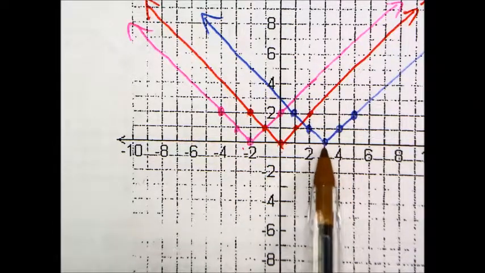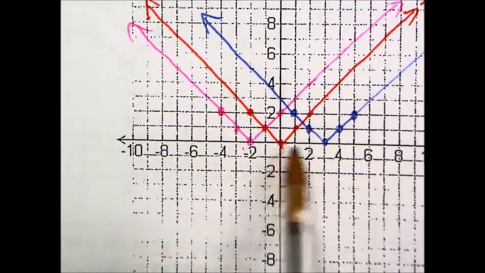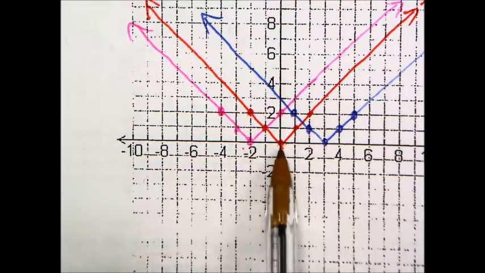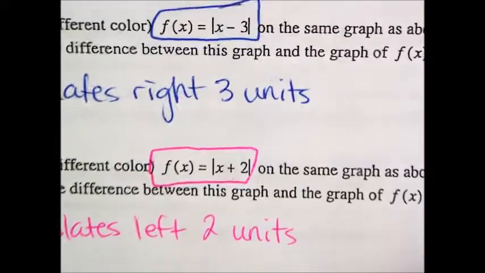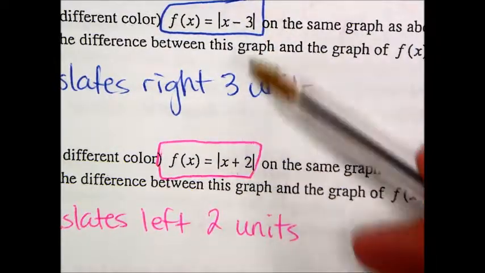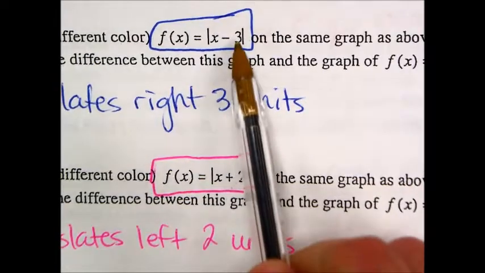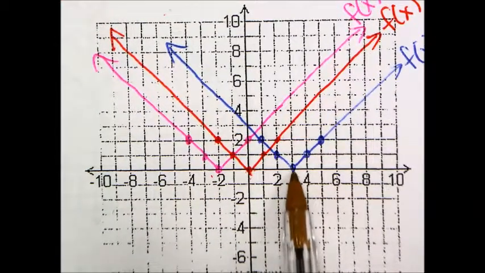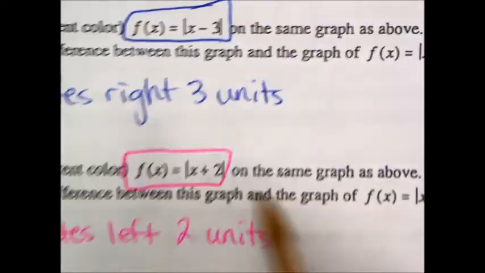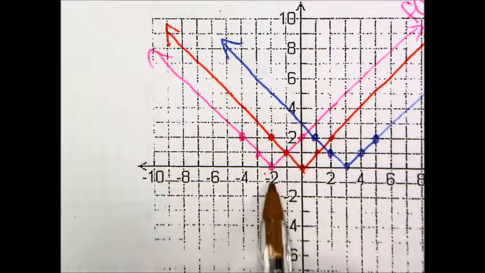What I want you to notice is the x coordinate of your vertex, every time, was tied to one of these numbers. Whenever we had the minus 3, your vertex was at (3, 0). Whenever we had the plus 2, your vertex was at (-2, 0).